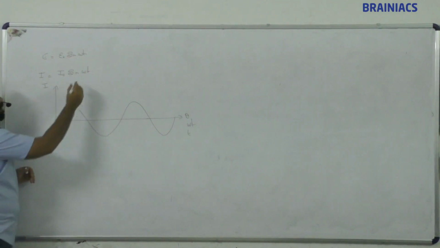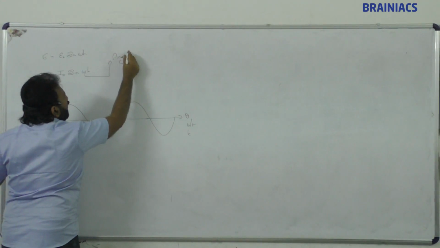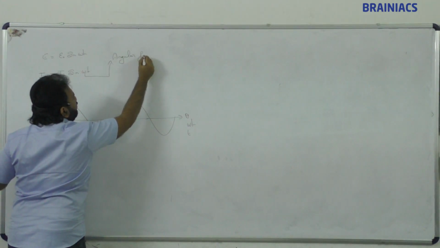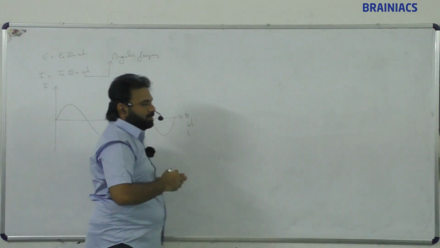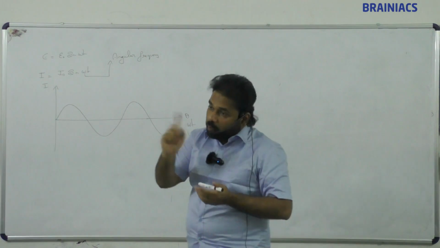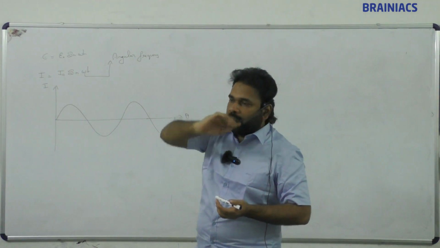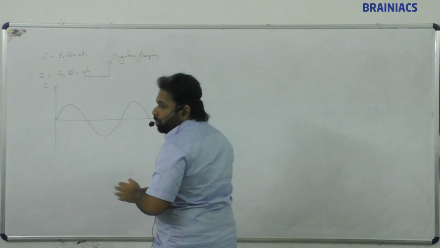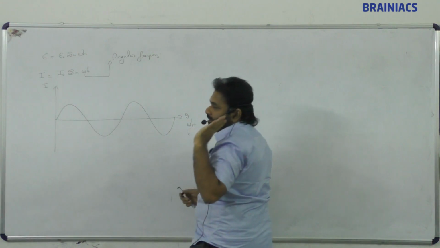What about this omega? This is nothing but angular frequency. What is angular frequency? Angular frequency means how many times this is rotating, or how many times this circle is happening in a second.